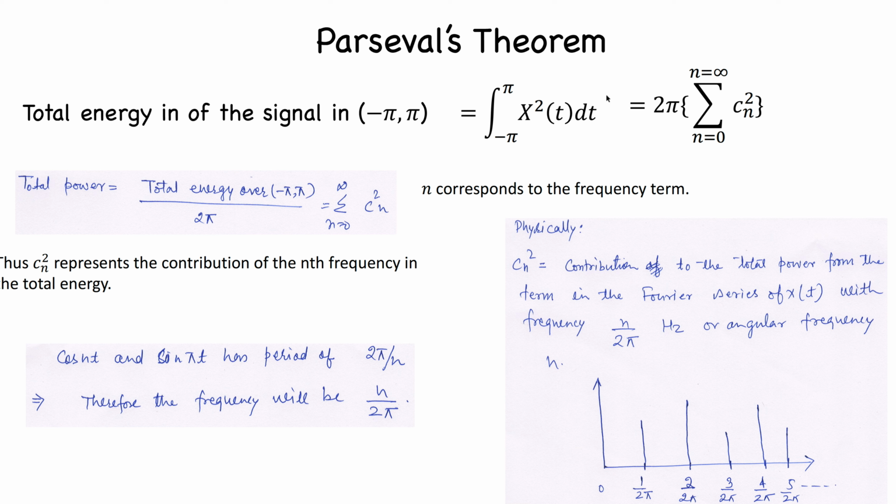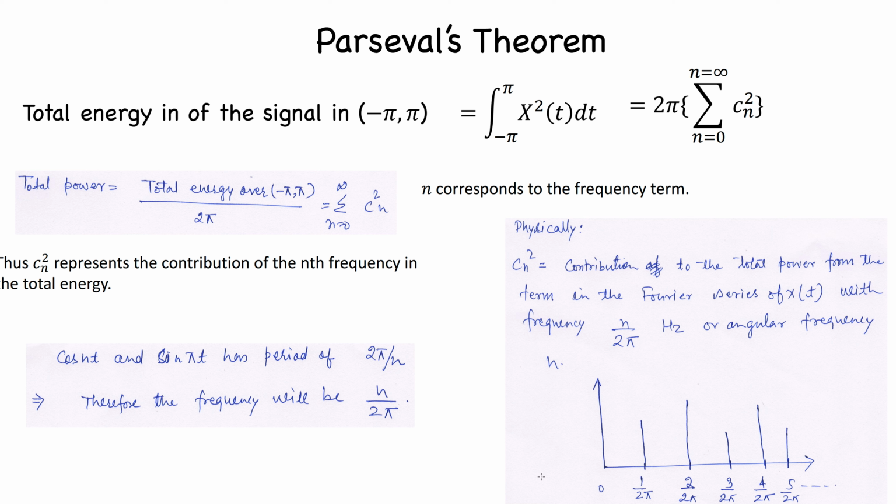As you see, the summation term is giving you the total power, but c square n is giving you the contribution to the total power from the Fourier series of x(t) at frequency n by 2 pi. So it is the contribution of a particular frequency in the total power.